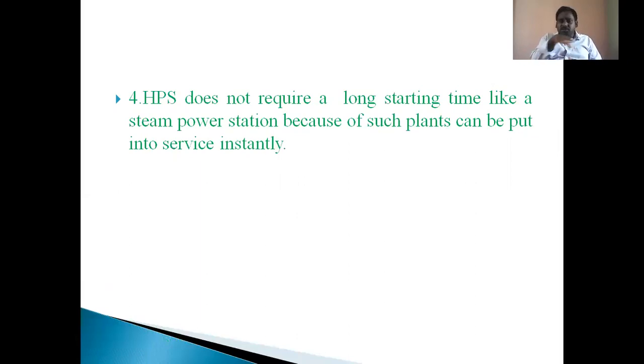The water flow is smooth. The kinetic energy of water through the penstocks is very high, and mechanical energy can be produced instantly, and the electric generators can generate electric energy by converting the mechanical energy coming from the turbines. That's why it can be put into service instantly. Instantly they can generate power.